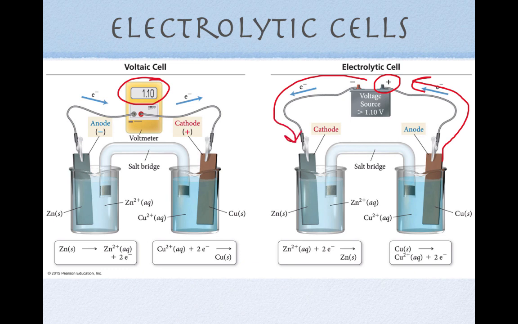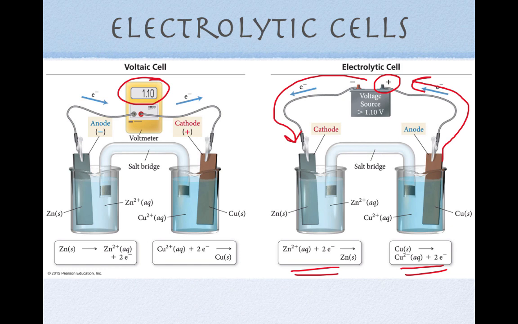And so we're going to have reduction taking place here at the cathode, but now this is my negative sign, and I'm having oxidation here happening at the anode, but this is now the positive sign because it's hooked to the positive electrode. So what I'm doing here is forcing electrons to go out of the copper and over to the zinc.